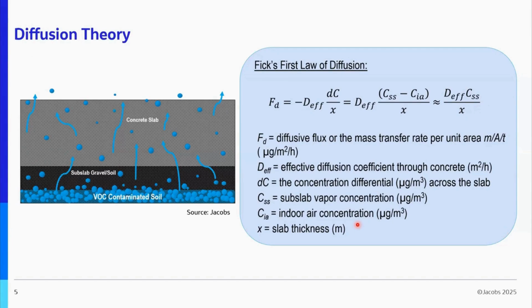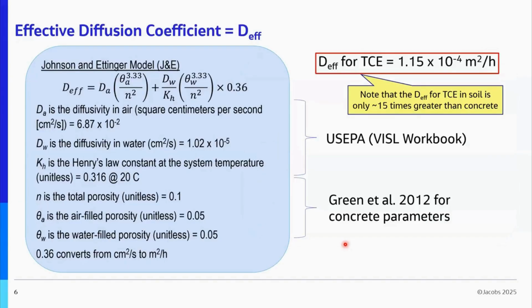It's pretty straightforward, but the nut to crack here is, what is the diffusion coefficient that we use for calculating theoretical amount of diffusion through a concrete slab if we know the subslab source strength? Well, when we started digging around, we found that the Johnson and Ettinger model is actually a pretty good theoretical basis for this. There's an equation that's part of the J&E model for diffusion.